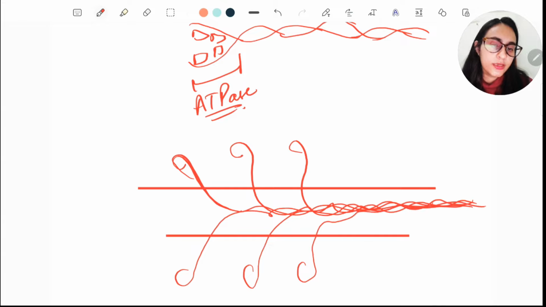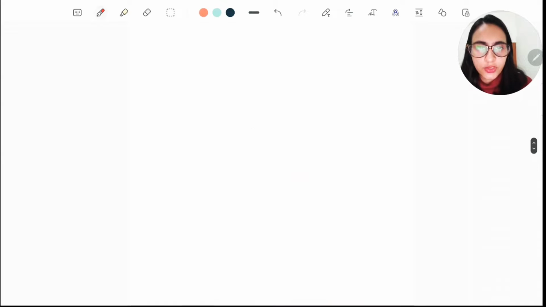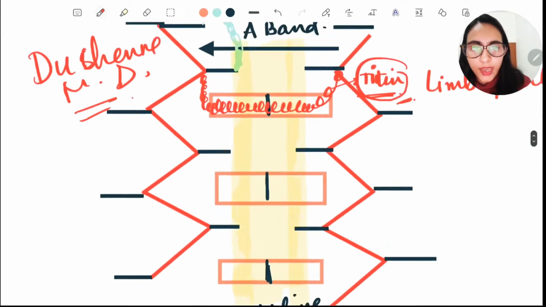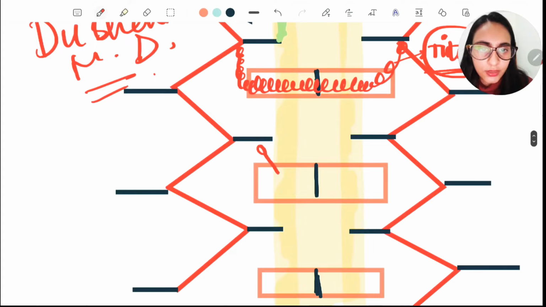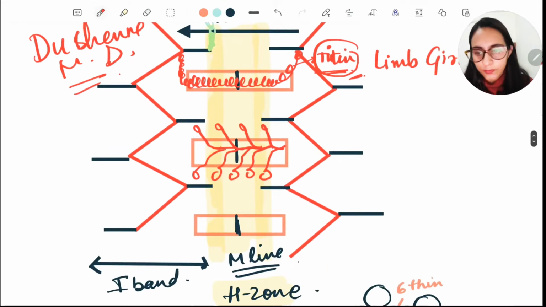These are the heads and the body of the myosin. So this is how the myosin is placed in a thick filament. If you go back to the diagram, we have the myosin present like this in the thick filament. This is how the myosin is arranged in the thick filament.